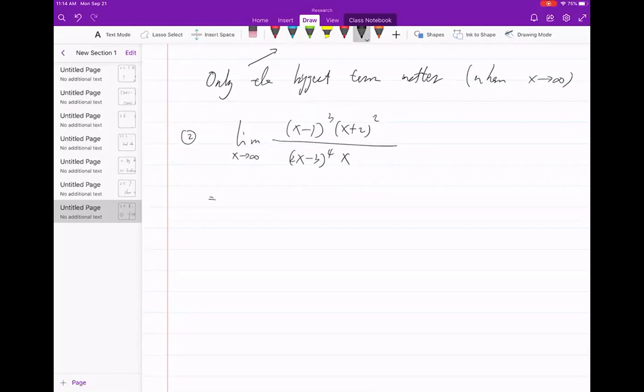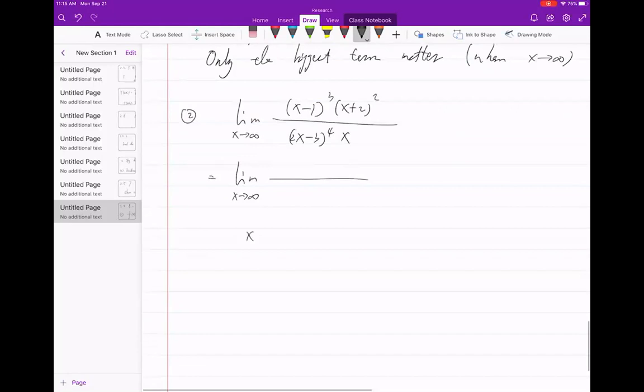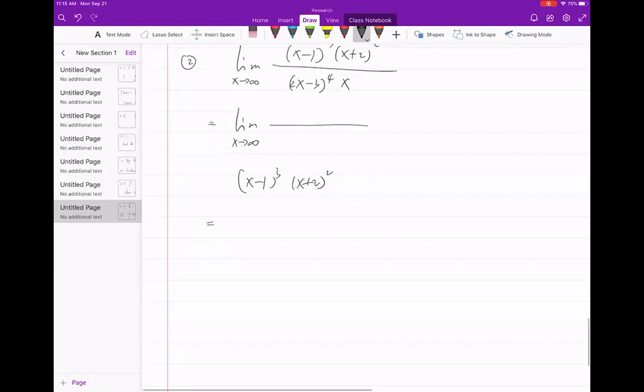If I don't ask you to show any work, remember you just need one term on the top, one term on the bottom, and make sure they are the biggest. What's the biggest term on the top? Well, hold on. What's the answer? 3. Yes. Okay.